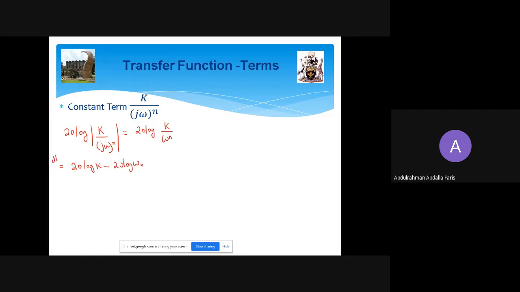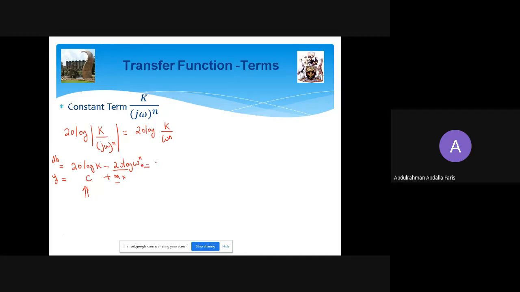So if this is dB, we can see that this equation is like y equals c plus mx, the famous straight line equation, where c is the y-intercept and m is the gradient.